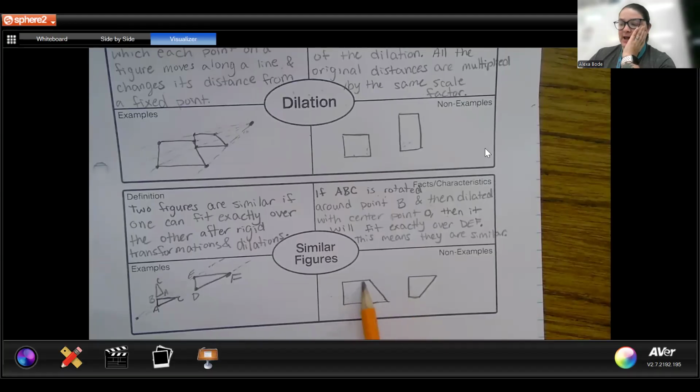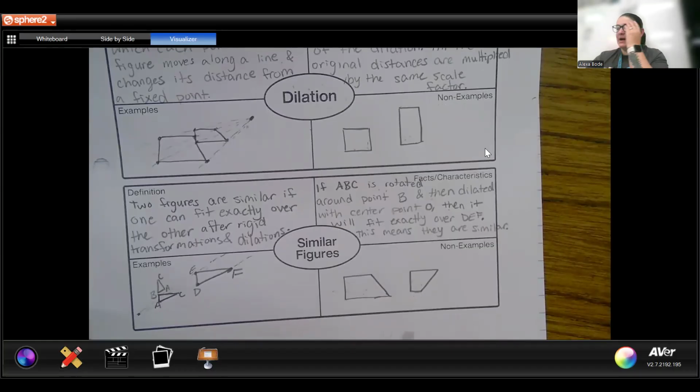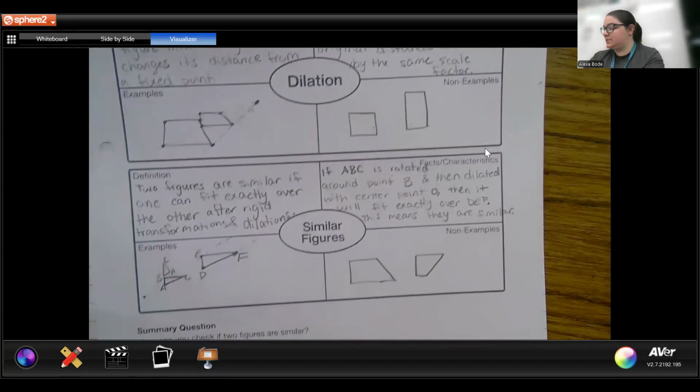So I cannot dilate this to become this one. What's weird is in my picture here. I see. Okay. Sorry, my picture for my example didn't make sense to me at first.